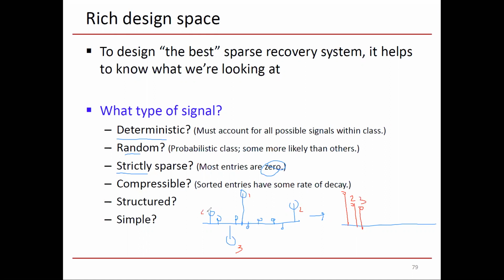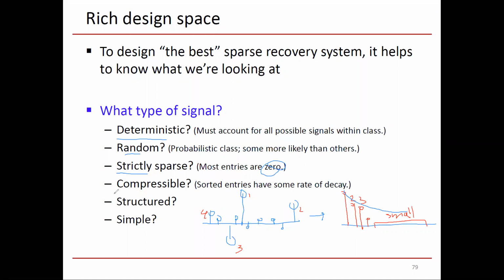And then this is number 4, quite a bit smaller, and all the other ones are small. Compressible models say that there's some geometric rate of decay in the magnitudes of these sorted coefficients.